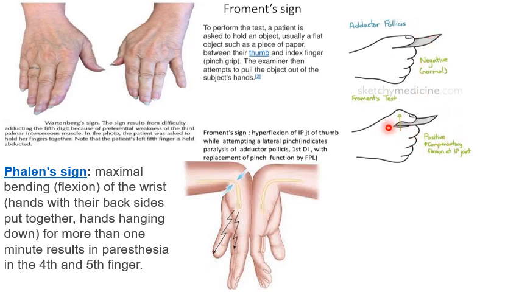So if there is hyperflexion as the paper is pulled from the patient's hand, it denotes positive Froment sign.